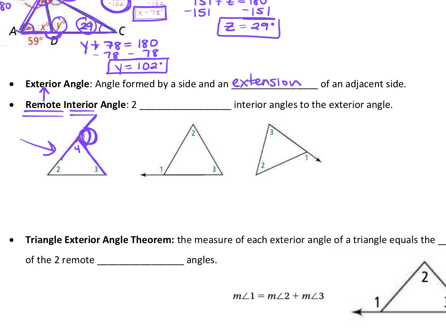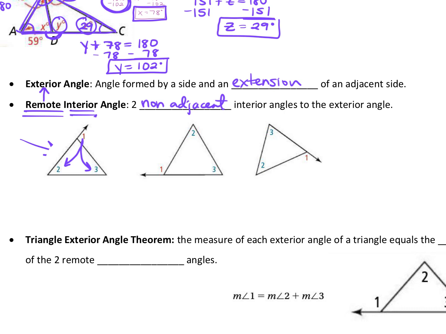So for instance, if this is 1, then 4 is next to it, it's adjacent. We're looking for 2 non-adjacent interior angles to our exterior angle. So if I'm looking at this guy, angle 1, okay, my remote interiors would be angle 2 and angle 3.